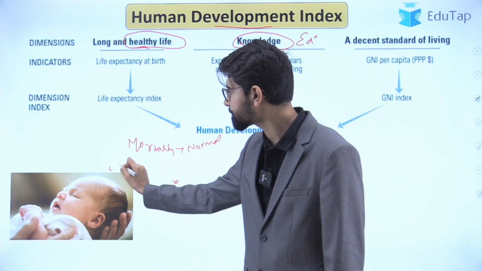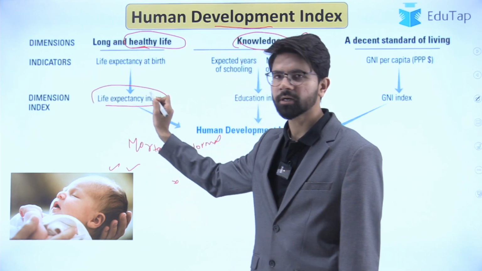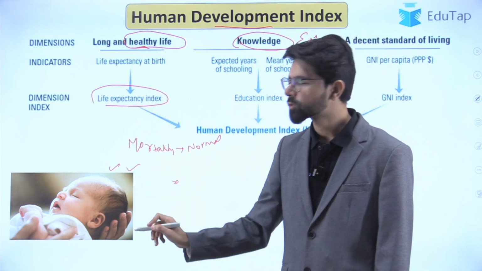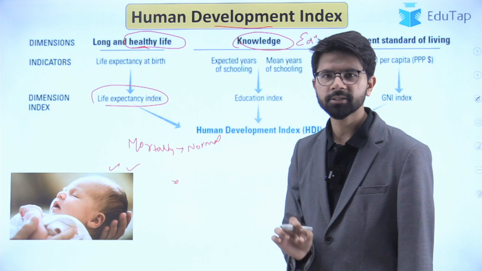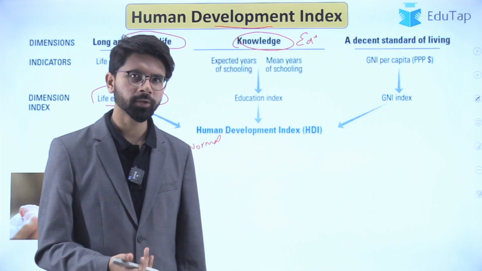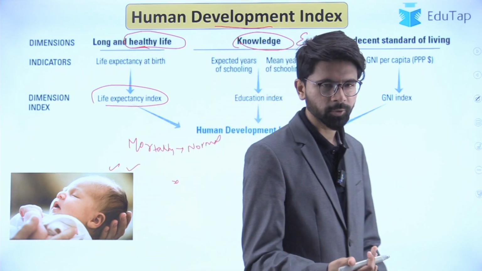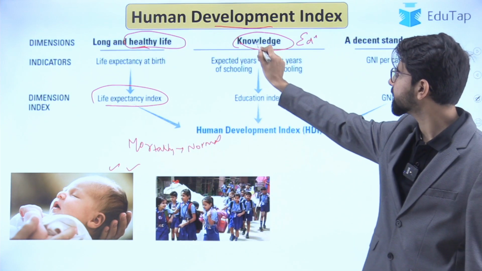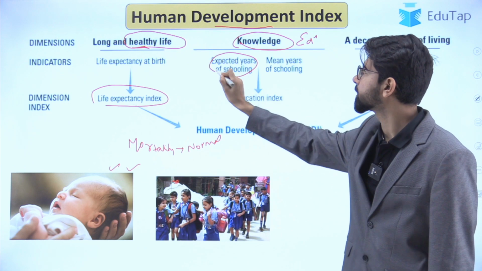That is life expectancy at birth, which is measured by the life expectancy index. So we will be looking at what the life expectancy in India is. If a new child is born, how long would the child go on to live his or her life? Then within education we have two parameters, two indicators.